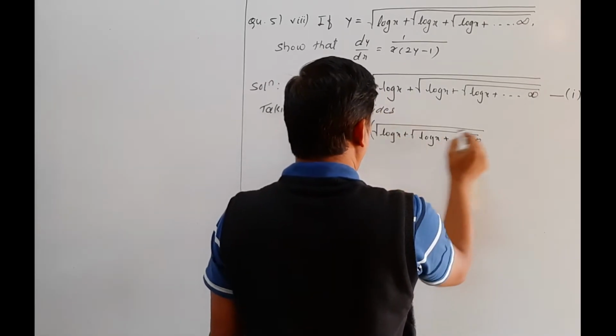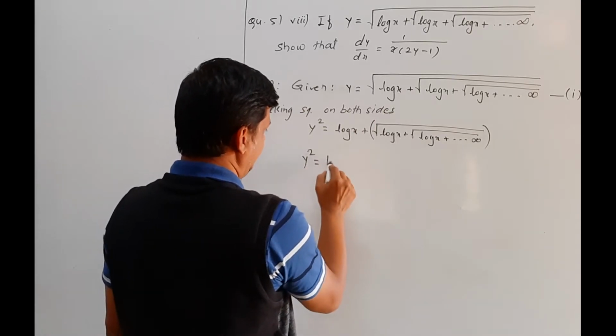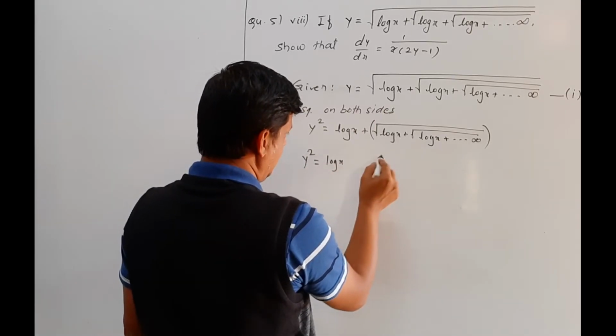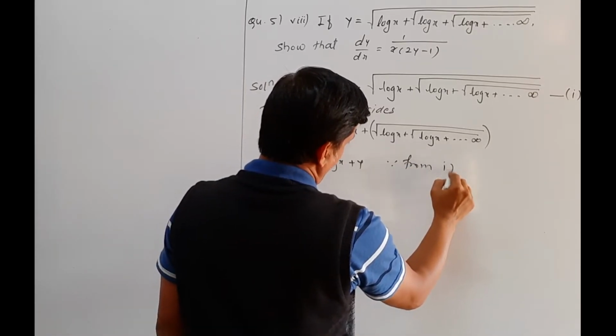Now this is the value of y from equation 1. So we write here y square equals to log x plus y, from 1.